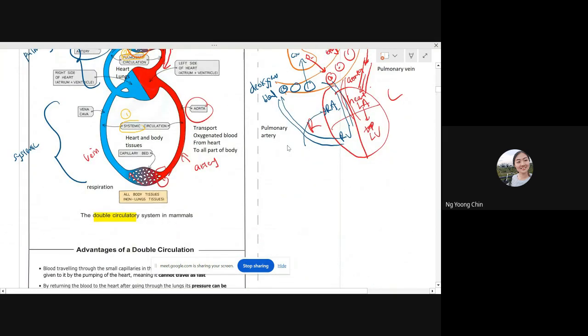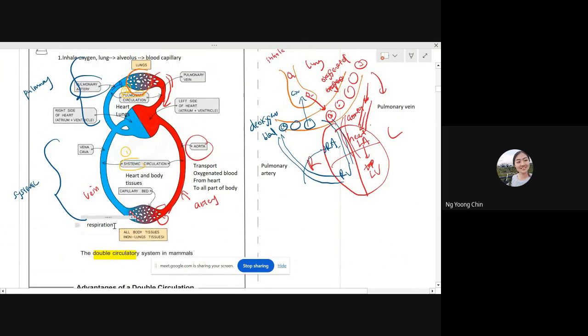So for humans, we are under the closed circulatory system because our blood is enclosed within the blood vessels. Means that we do have blood vessels. So our blood is not in direct contact with the body cells because the blood vessels help to carry the blood.